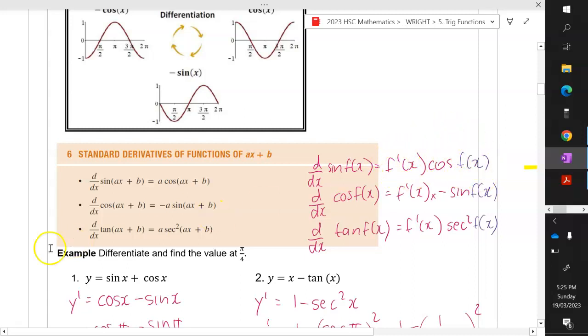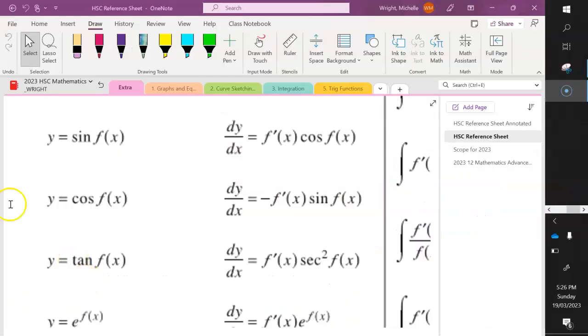So I'll pop over to the formula sheet and show you what that looks like. Okay, so on the third page of your HSC formula sheet, this is what you're given, which is exactly what we've just talked about in our notes. So when we have a function that's y is equal to sine of f of x, to get our dy/dx, we differentiate the function after our sine to get the derivative of that, and the sine f of x becomes cos of f of x.